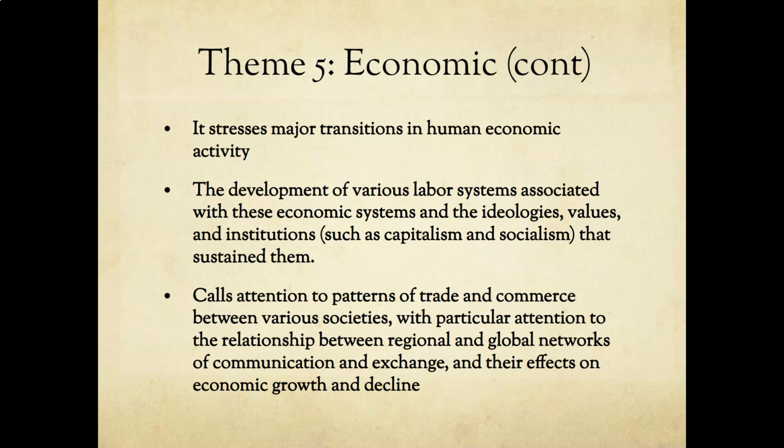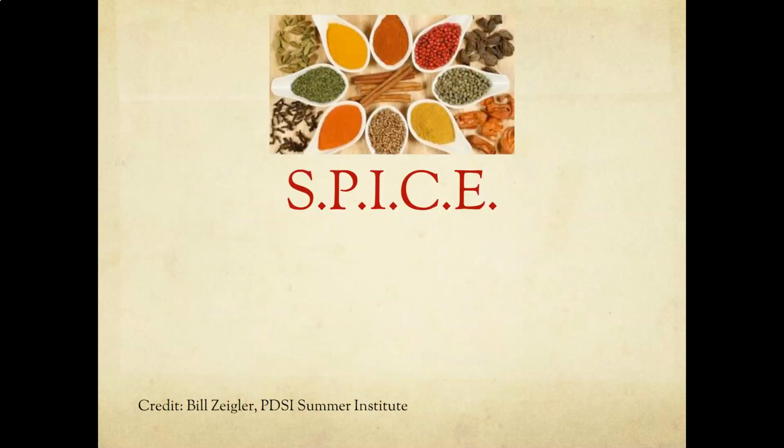An interaction that ties with economic would be migrations for economic purposes. Social structure could be the slave class systems and so forth that develop out of economic ideals. And that's just a couple of examples here talking about labor systems and how they link in with economic.